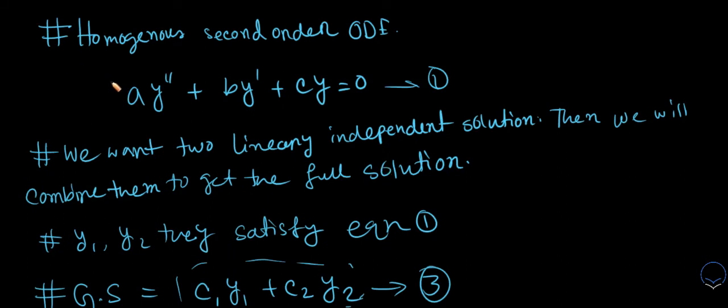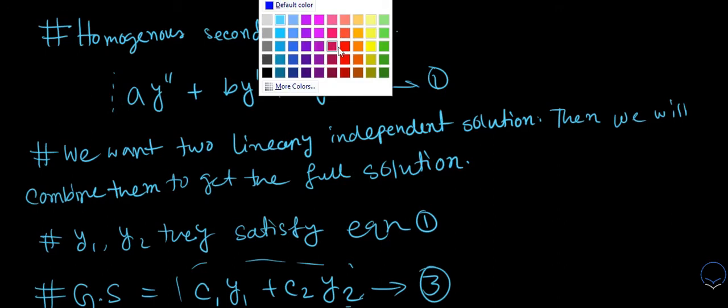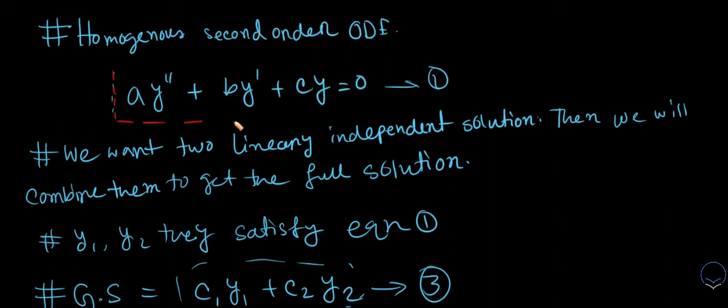Notice that this equation over here indicates that we need to find some y that, when differentiated, retains its shape, because the first derivative, the second derivative, and the function itself are a linear combination of each other.